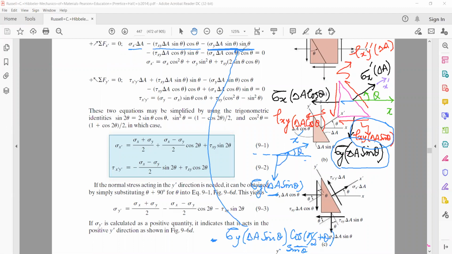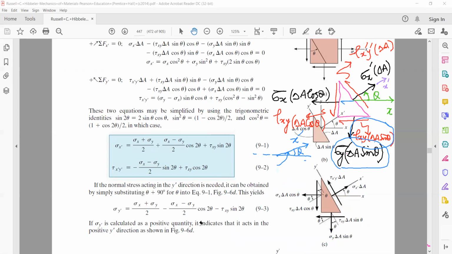Now let's see the next two terms. They represent the components of force along x prime. Now we have tau xy delta A cos theta. This tau xy delta A cos theta is in this direction, and your x prime is in this direction. The angle between them is theta. You have to find the component of tau xy delta A cos theta along x prime.